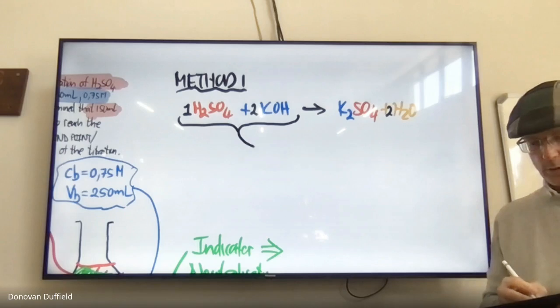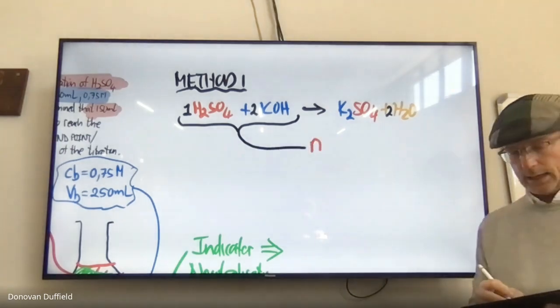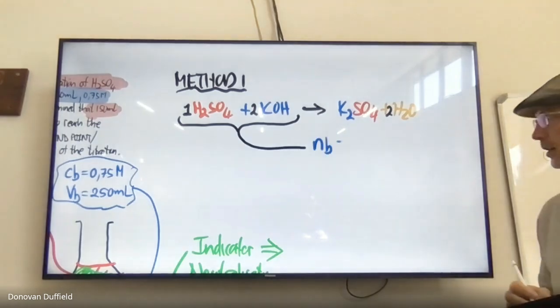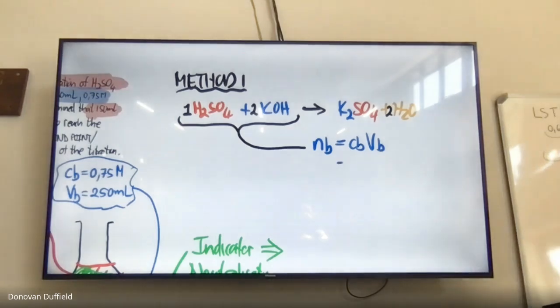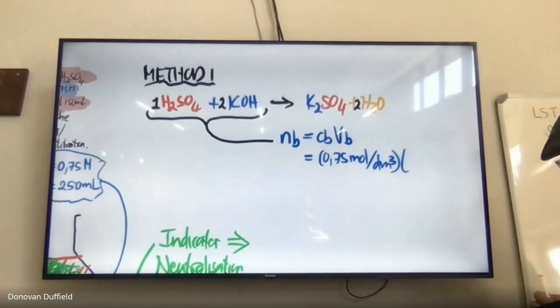So what we do is we say, okay, if we look at the number of moles of acid, we start off with what is known. The number of moles of base is the concentration of the base times the volume of the base. We were told that the concentration is 0.75 mole per cubic decimeter, and the volume of the base is 0.25 cubic decimeters.